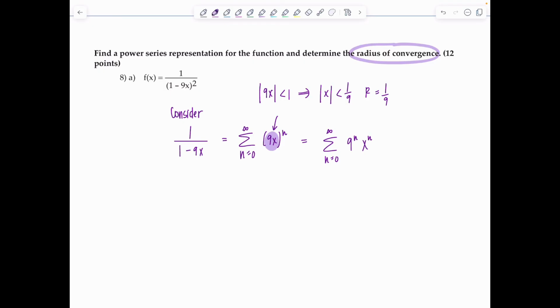So let me take the derivative of 1 over 1 minus 9x, which I'm going to rewrite as (1 minus 9x) to the negative first. And I'm also going to differentiate the corresponding power series with respect to x. Okay, here we go.